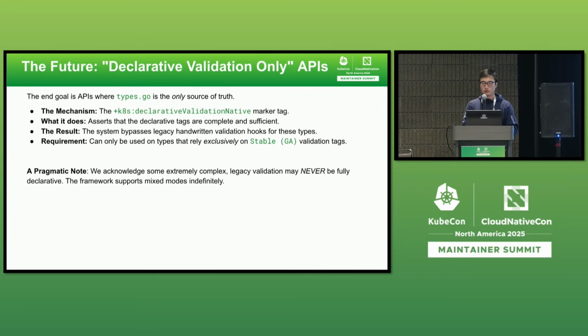This means that users can know these fields with this validation are only in the generated code, so they don't need to review the handwritten validation code anymore. They just need to review the tags there. As a result, the system can bypass the legacy validation code hooks for their types. This is only for those tags that have already graduated to stable.